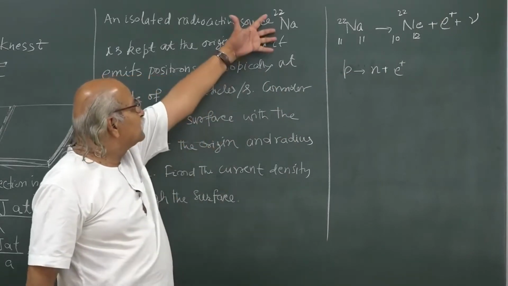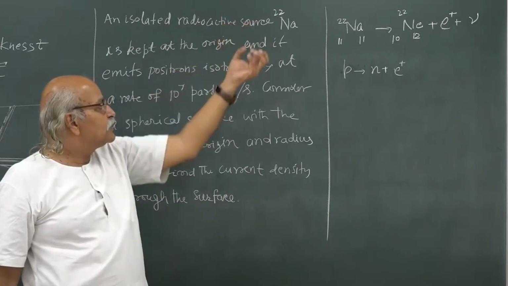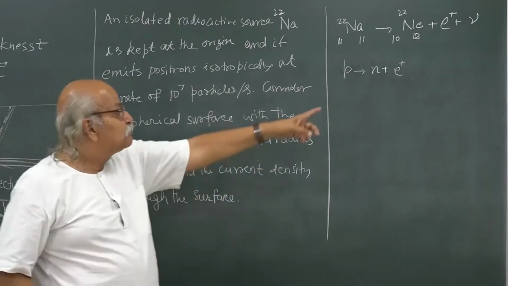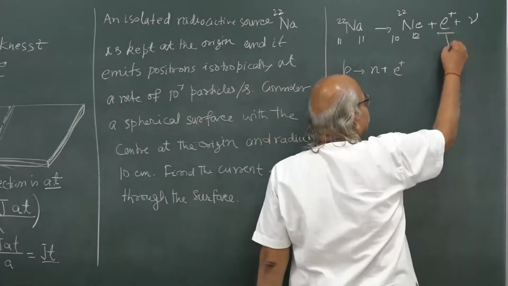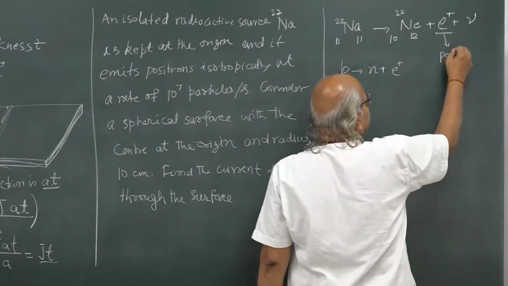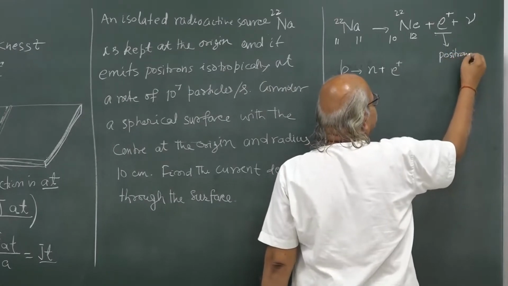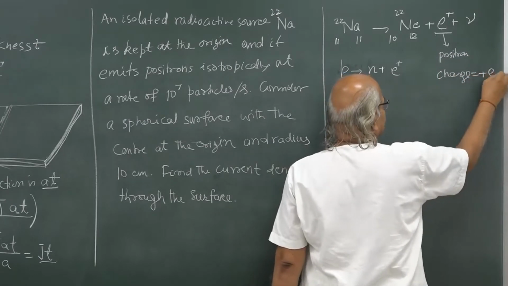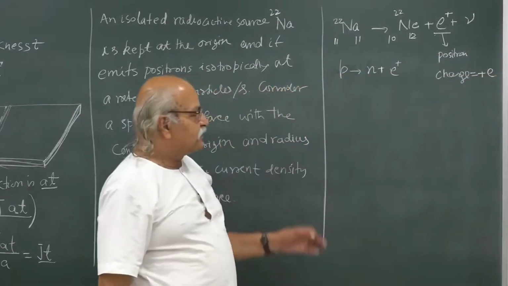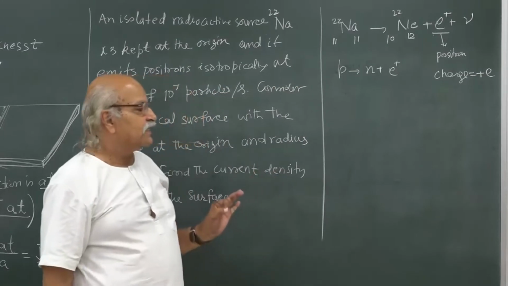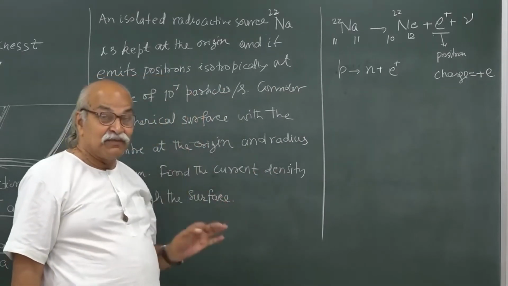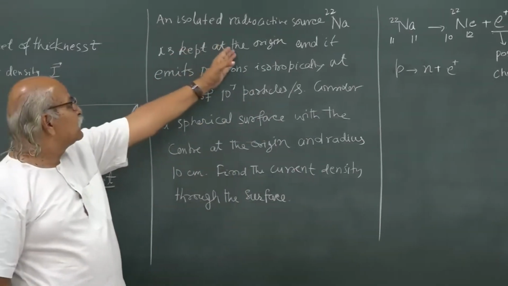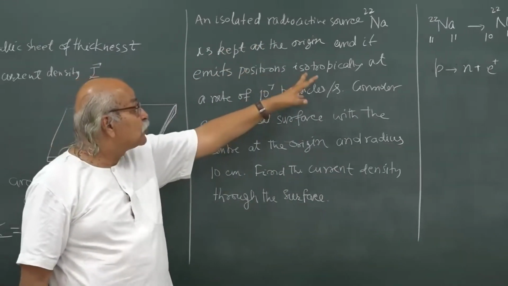When you put this radioactive source sodium 22, it will keep on emitting these positrons. The positron has charge plus e, the same magnitude as the charge on the electron but with positive sign, and its mass is the same as the mass of the electron. The source is kept at the origin and it emits positrons isotropically.